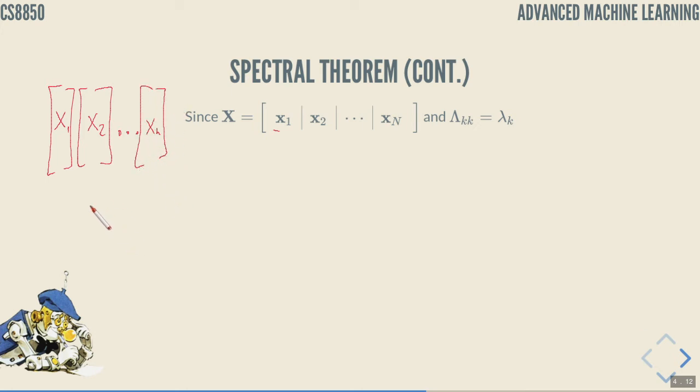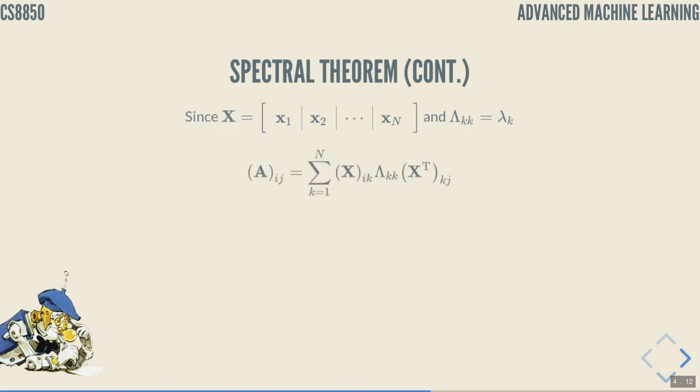That's how we get matrix X. And lambda kk is the eigenvalue that corresponds to the kth eigenvector, which is ordered here. So it's the corresponding eigenvalue. Just look at it and think about it.